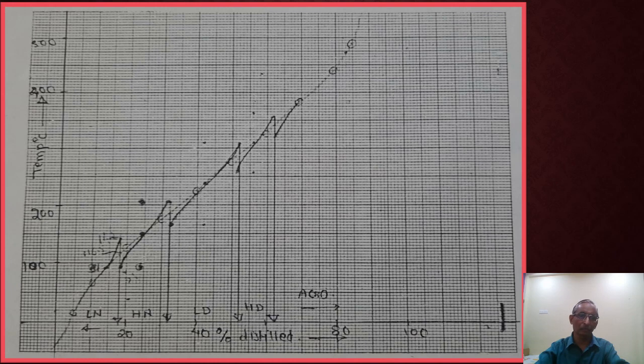And on the same vertical line you are going to join the initial boiling point of the second fraction, that is heavy naphtha. Initial boiling point, that is 91. So 91 and 116 on the vertical line you are going to locate. This particular cut point gives you how much percentage of light naphtha is available, from 0% to this one. This is less than 20, so maybe 18% will be light naphtha.